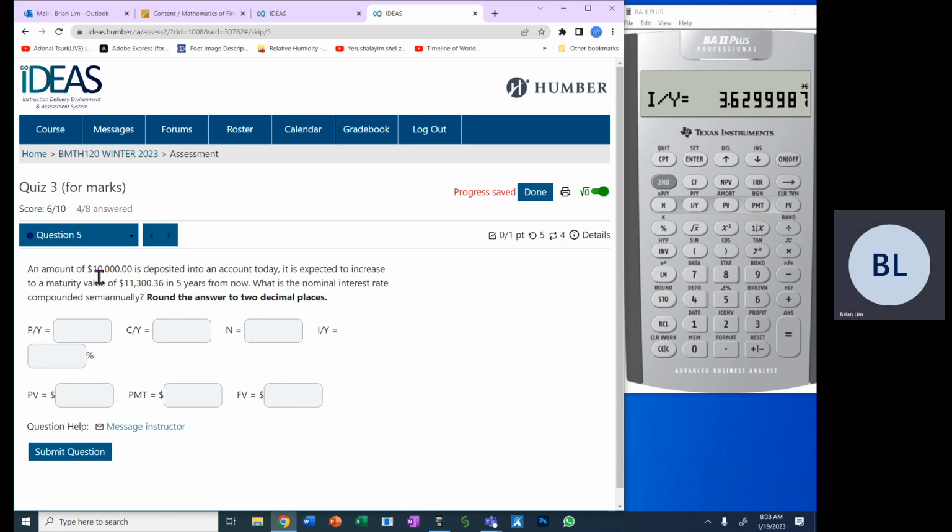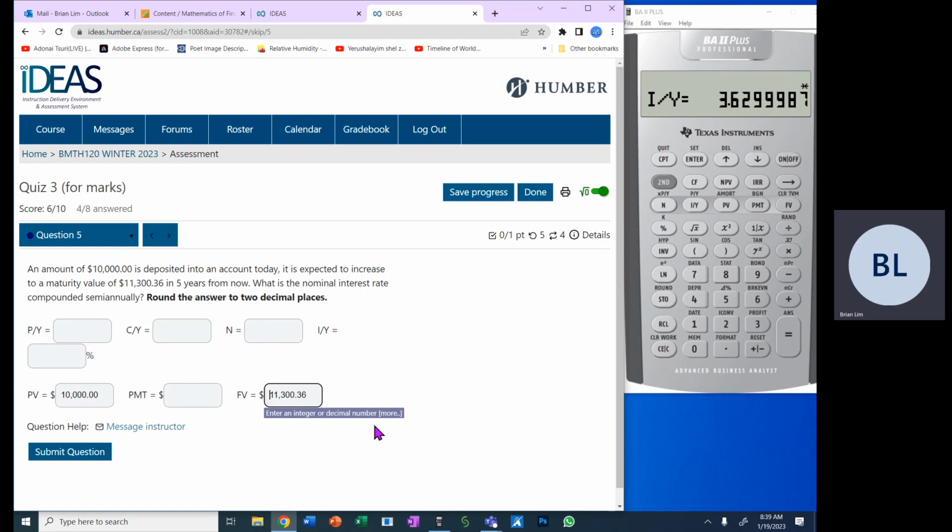Okay, the next question. An amount of $10,000, that is present value, is deposited into an account today. It is expected to increase to a maturity value of $11,300.36, which would be the future value.